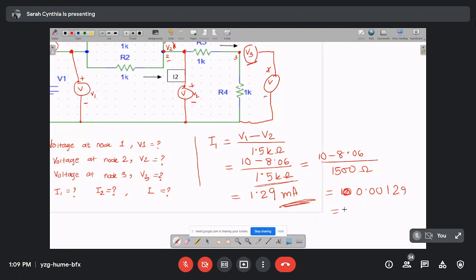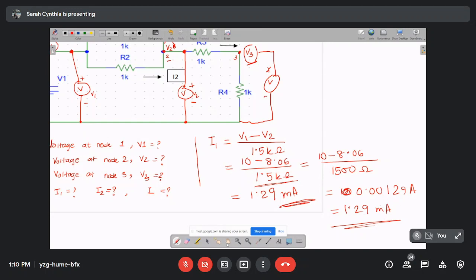This is in amperes, and this is 1.29 in milliamperes, right? So that is why when we use a kilo ohm resistance, the current comes in milliamps.